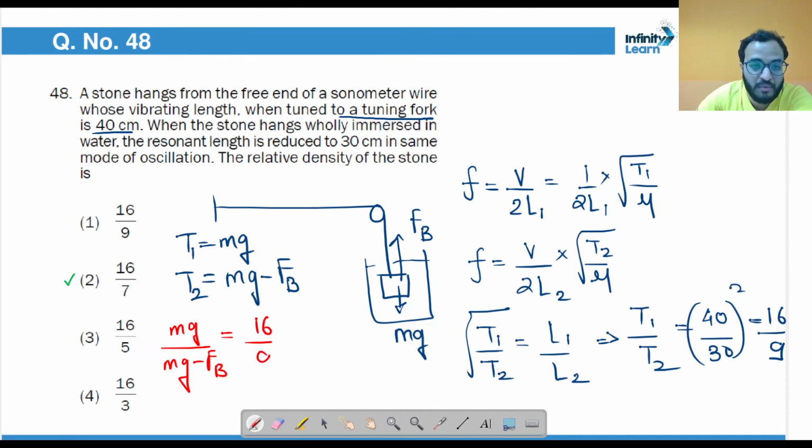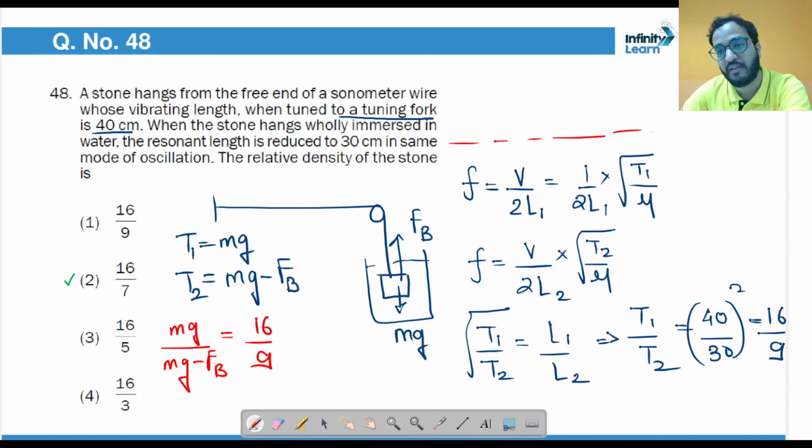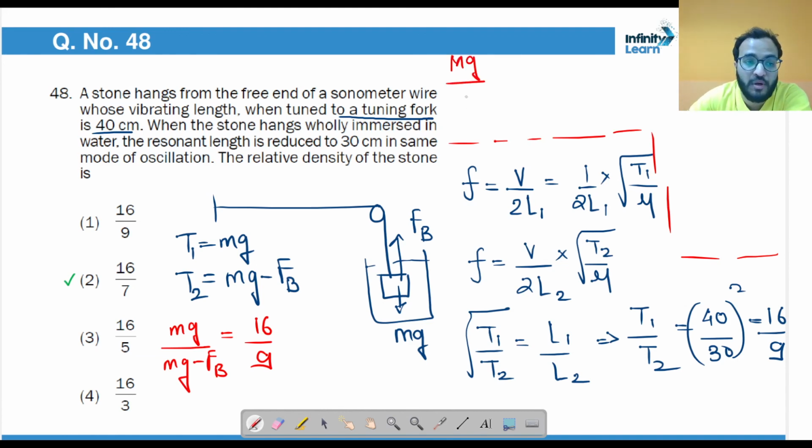It is 16 upon 9. Since I don't have enough space, I will write here. After solving this, you will get mg upon Fb, which comes out to be 16 by 7.